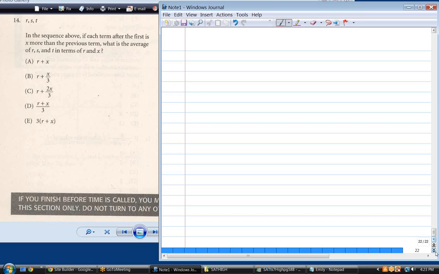Because if S is greater than R by X, then it's going to just be R plus X. So you're saying S is equal to R plus X, and T is equal to S plus X. Yep.